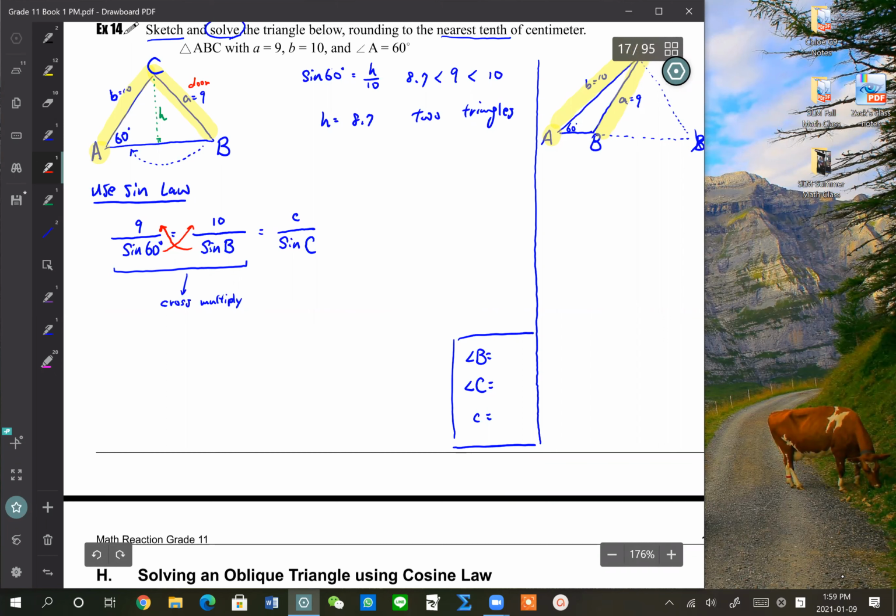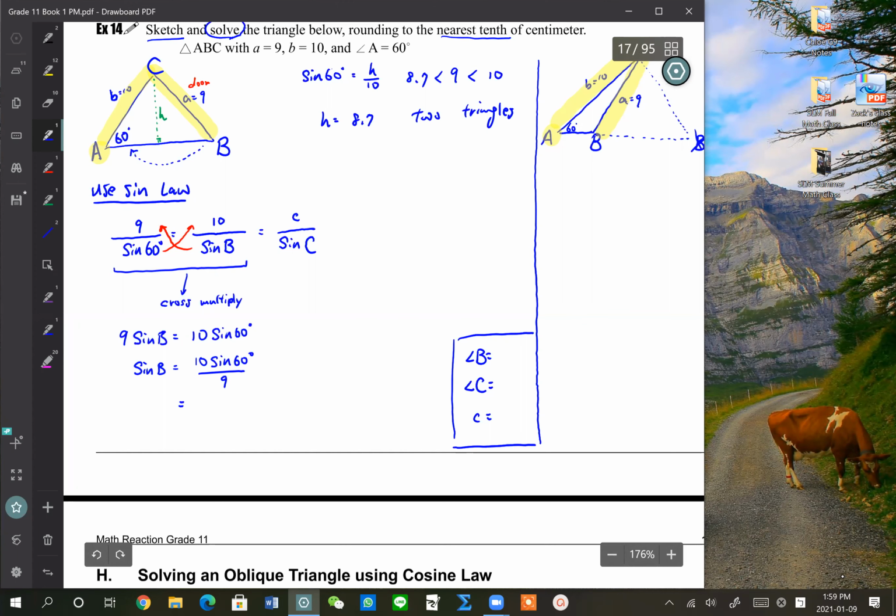Okay, that's cross multiply. Nine sine B equal to 10 sine 60. And then isolate sine B. So you divide both sides by 9.